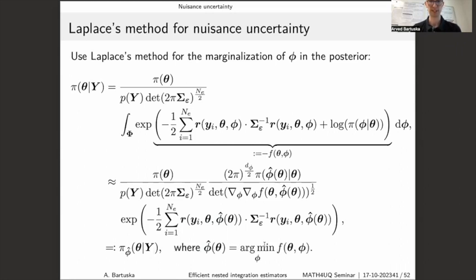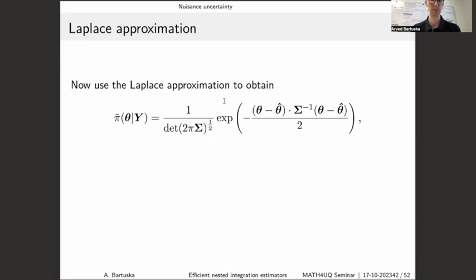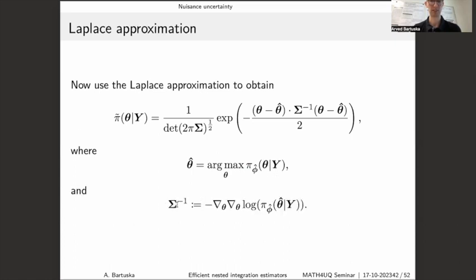And yeah, phi hat is the minimum of this function f, only in phi. Okay, and then we use the Laplace approximation as we did before, because now we're back to where we were before with the posterior without nuisance parameters. And now theta hat is the argmax of this first Laplace's method approximation. And the covariance is basically the Hessian of this approximation.